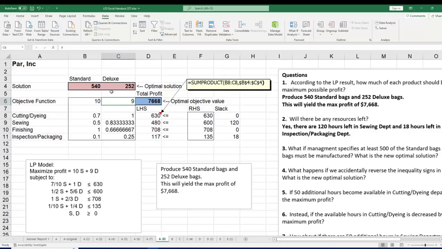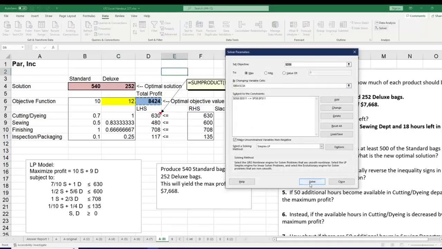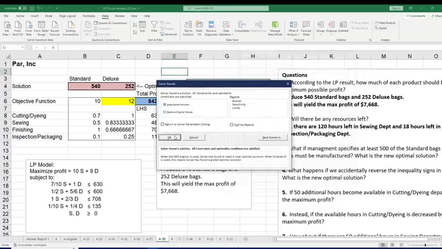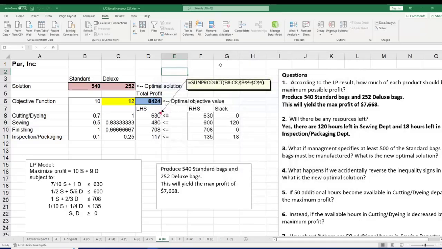Here I'm going to change it to 12 and see what happens. I change it here, go over to Solver, and solve it again. Just hit solve and say okay. And what happened? Does it change the optimal solution? Oh, no. That's the same as before.